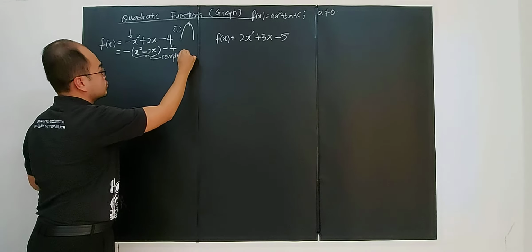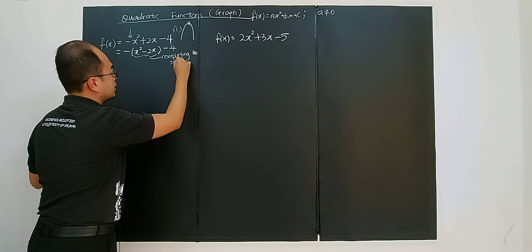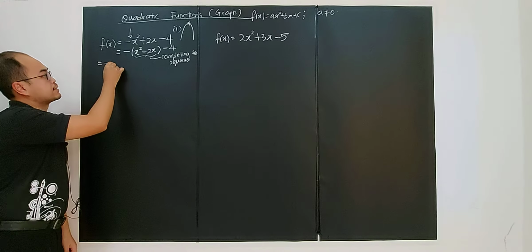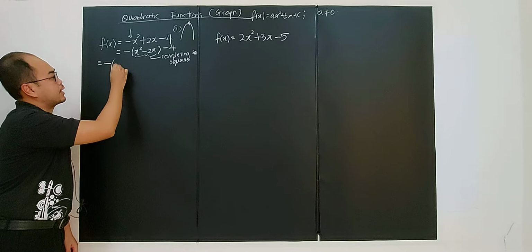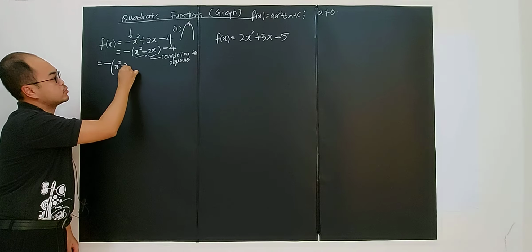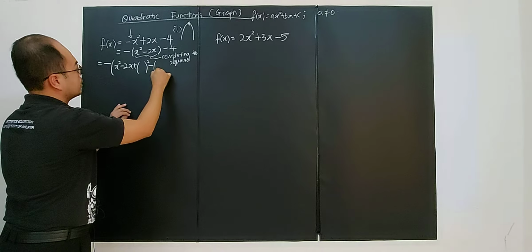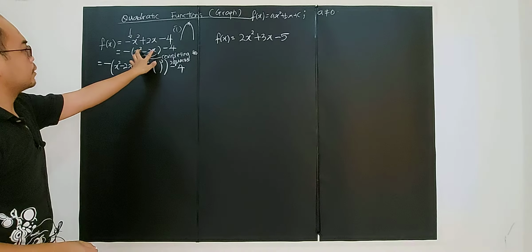Completing the square. So I do completing the square before I sketch the graph. I have minus, then I write x squared minus 2x, and I add a bracket inside here.